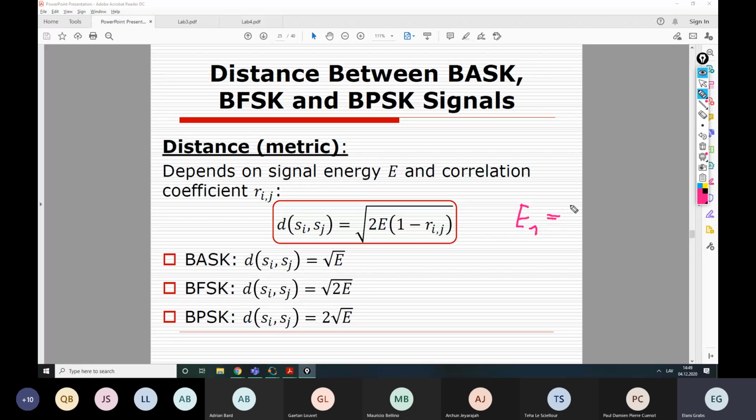assuming, once again, that the energy E1 is equal to the energy E2, which is not the case for amplitude shift keying, but is the case for frequency and phase shift keying. So if we have amplitude shift keying, then actually here instead of 1, we would have a half.